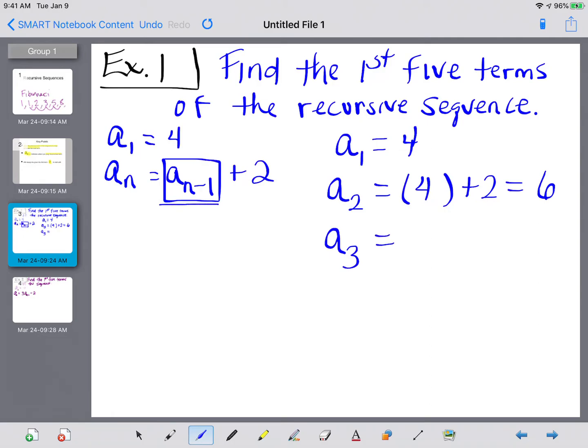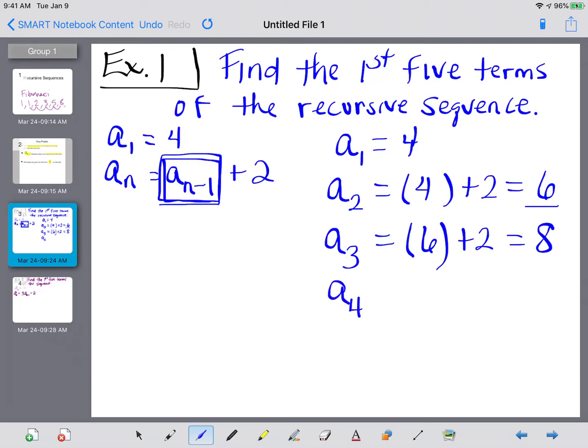We use the same location where a subscript n minus 1 is. We need to plug the 6, that was our previous term, into that location to help us find the third term of the sequence. So I'm going to replace that with a 6, add 2. The third term of the sequence is 8.